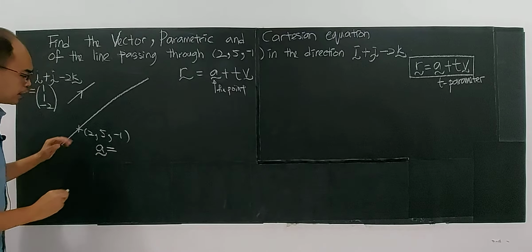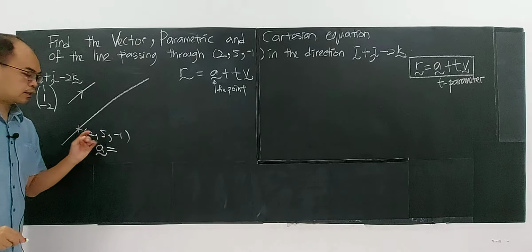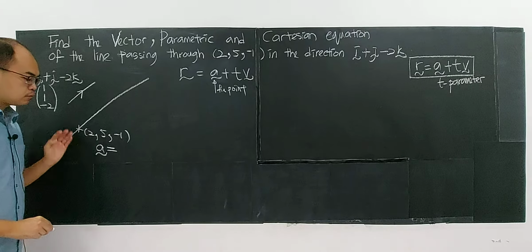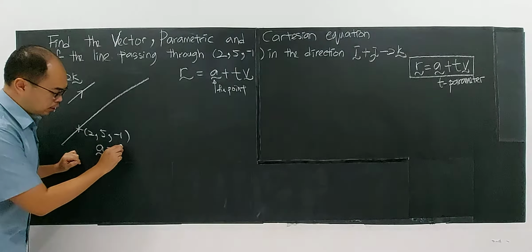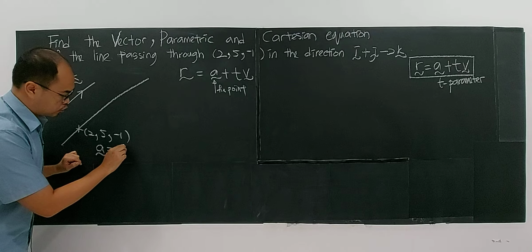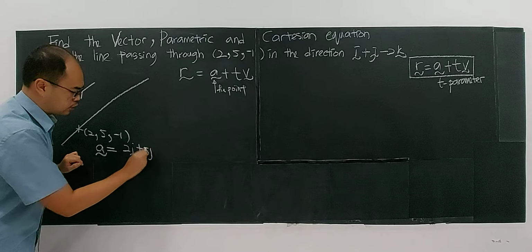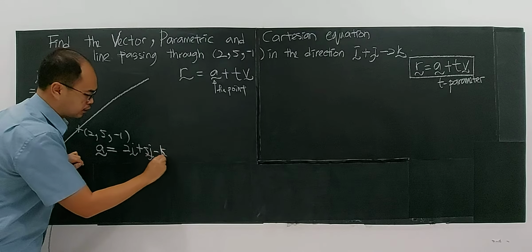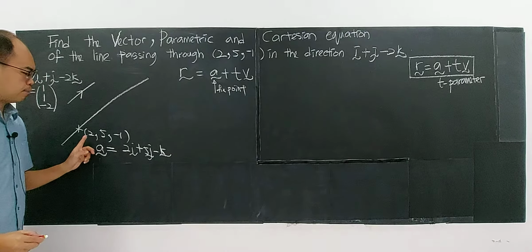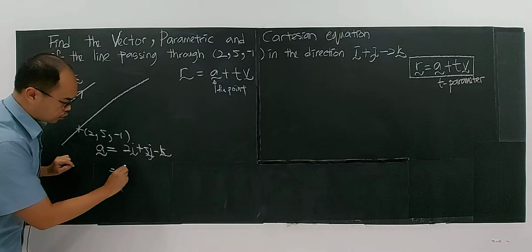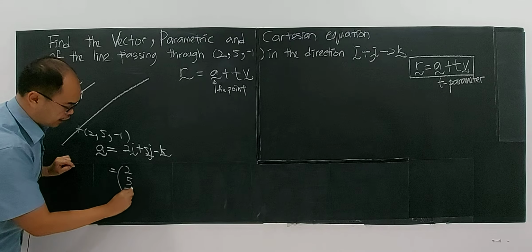So I have to change the coordinate into vector form, into a position vector: 2i plus 5j minus k, or I can rewrite this as 2, 5, negative 1.